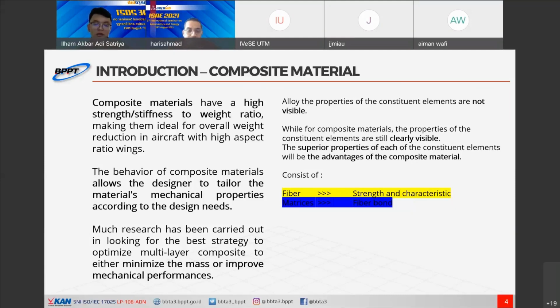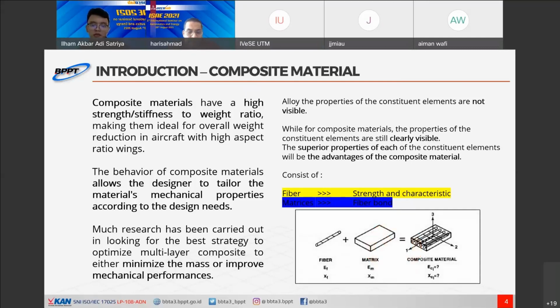The composite material consists of the fiber and the matrix. The fiber has the job of providing strength and characteristics, and the matrix has the job of bonding the fibers. This is the mechanism of the composite materials.